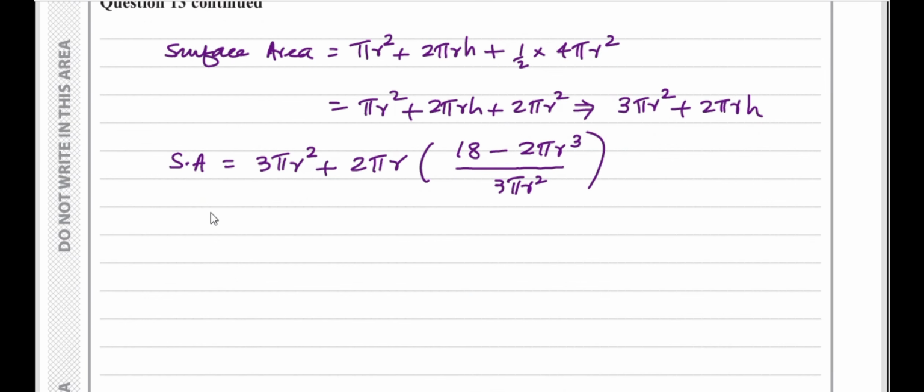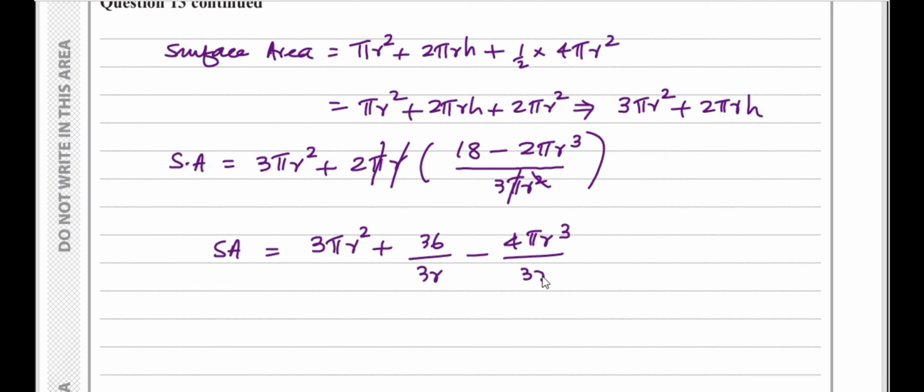Now simplifying this, that is equal to 3 pi r squared plus, let's cancel this pi and this pi and this r and this square here, plus 2 times 18, 36 over 3r, minus 2 times 2, 4 pi r cubed over 3r. This r cancels this r cubed into r squared.